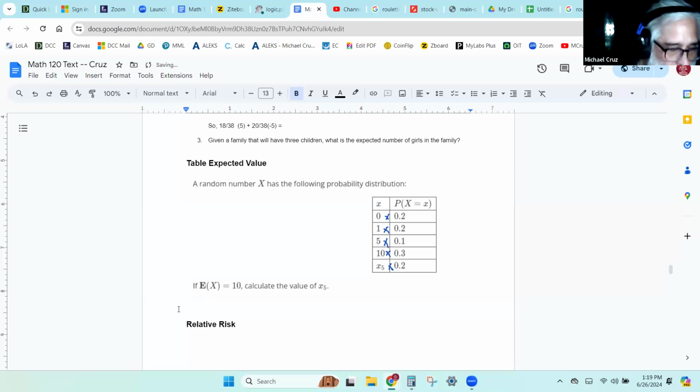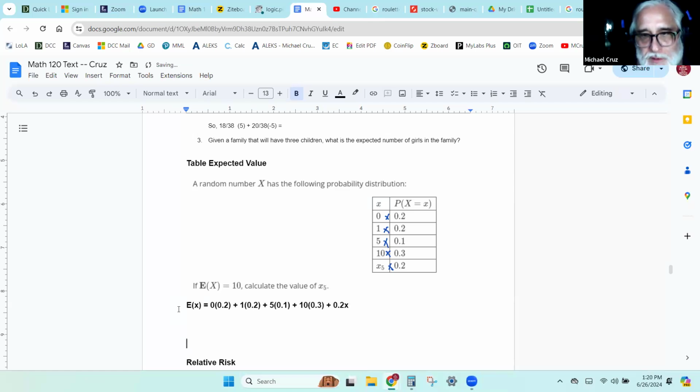Let's see, 0, and let's see what else, but 0.2x. Right, like that. Do you need parentheses for that one?